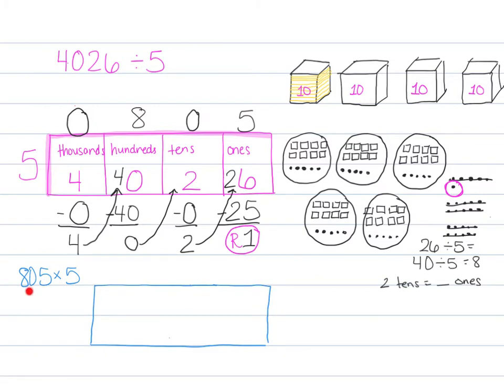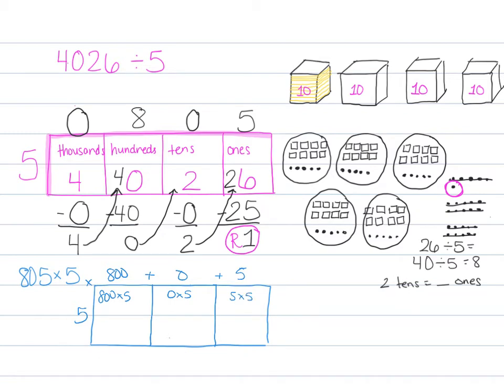We have the ones, the tens, and the hundreds, so I need 3 places. 800 plus nothing plus 5 times 5. So we'll do 800 times 5, 0 times 5, and 5 times 5.